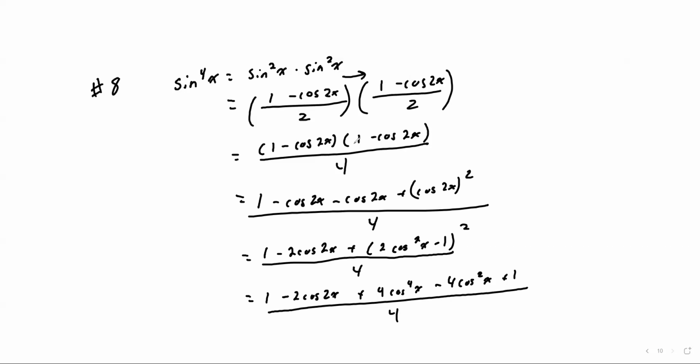Let's see what we can get from the book. All right, so the example they got here, they got 1 minus 2 cosine. That's where we're at right now at this stage.